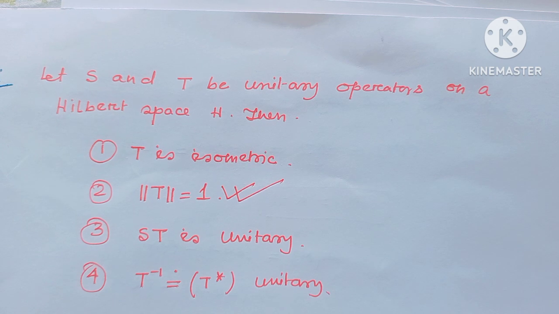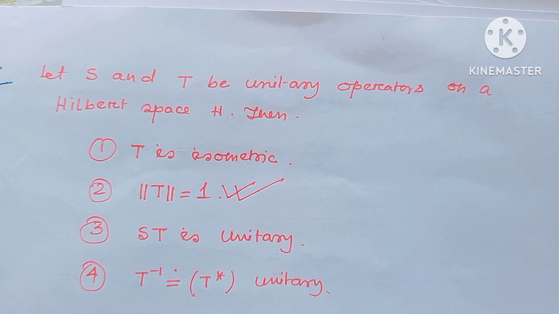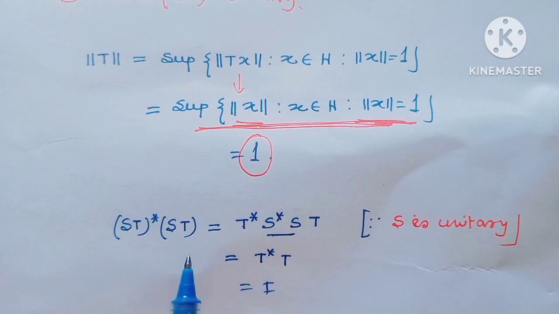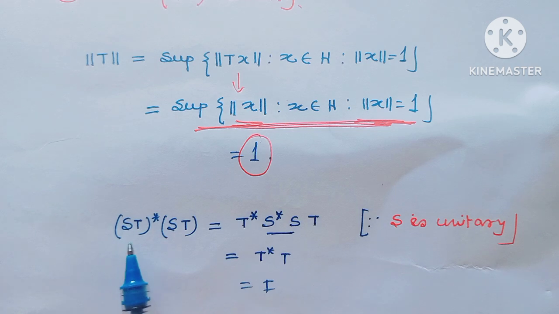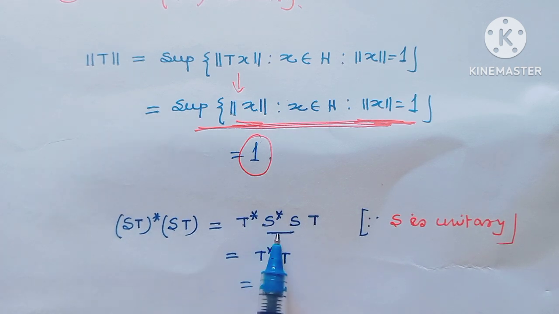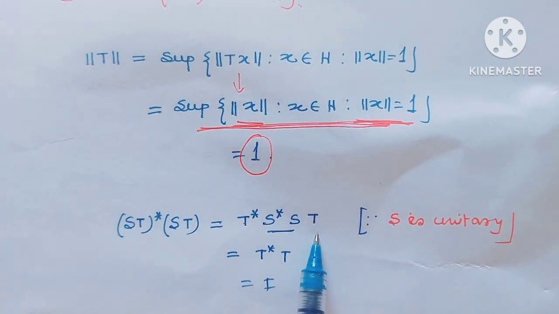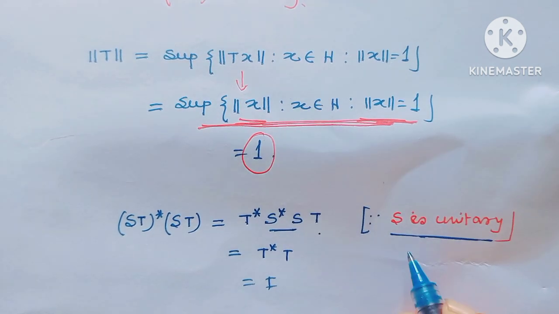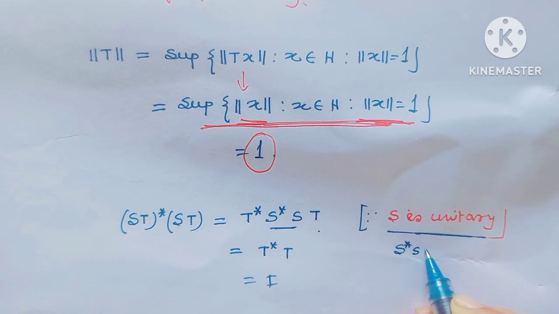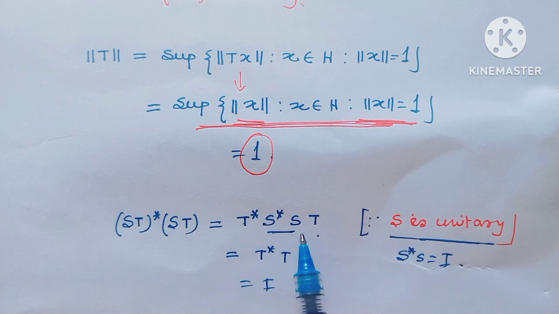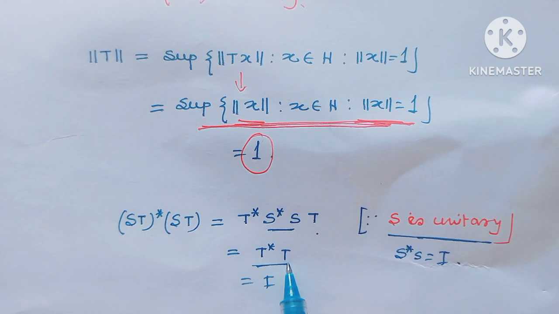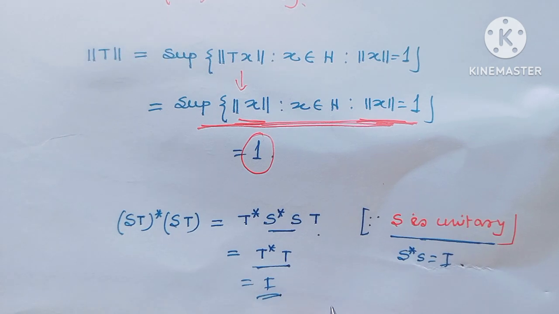Now I will show ST is also a unitary operator. Why is this true? ST star ST means, by the property of adjoint, T star S star times ST. Since S is unitary, S star S equals identity. So this value is T star T, and since T is also unitary, this value is identity.